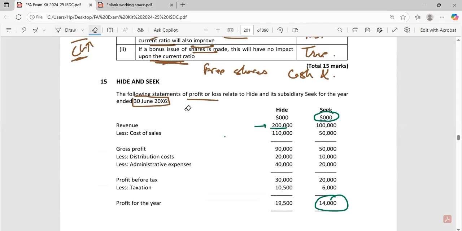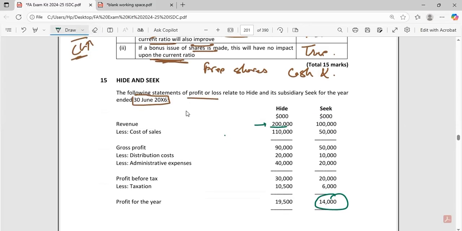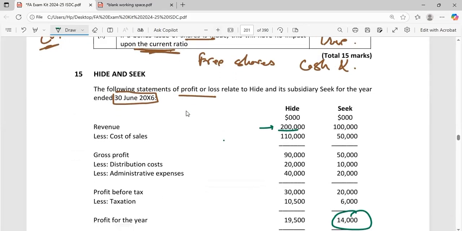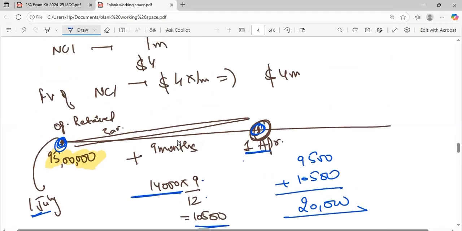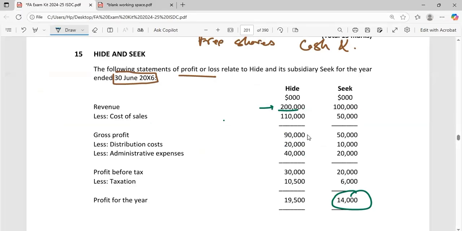But be very careful that we cannot take entire revenue of our Seek company because we have acquired it mid-year, okay? So, what were the post-acquisition months? From 1st April till 30 June. How many months would it be? April, May, June, 3 months. Okay. So we will only take 3 by 12 of our 1 lakh. Okay. So add them both.